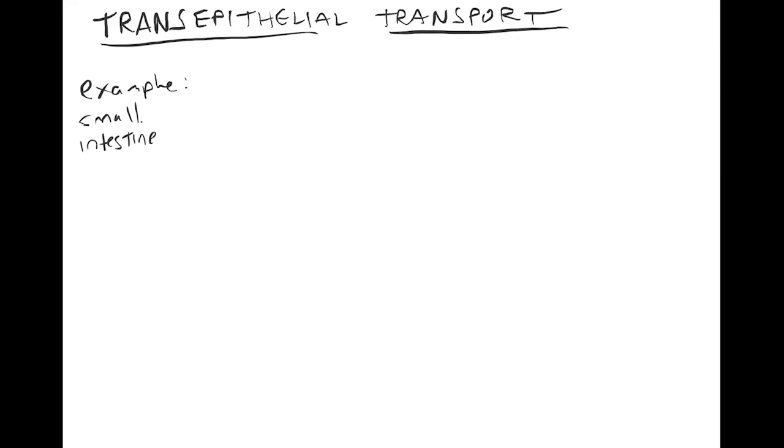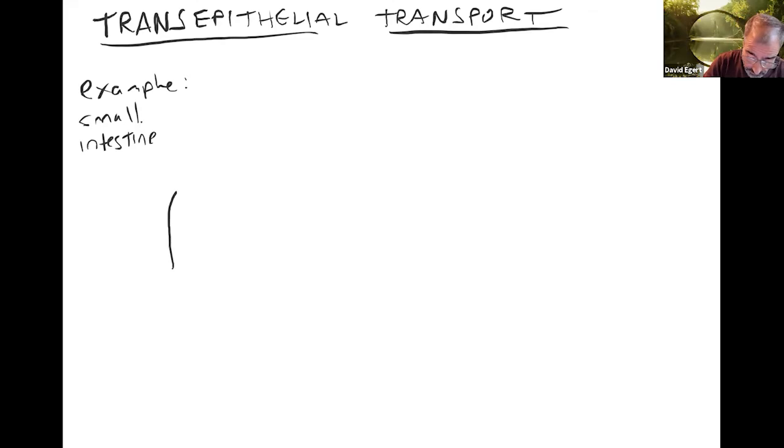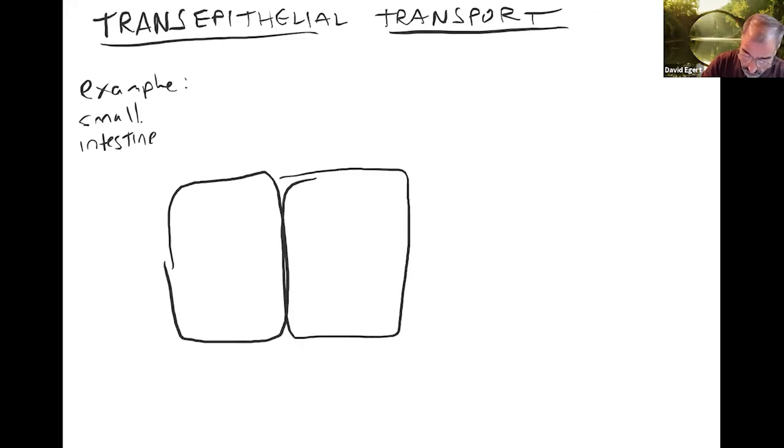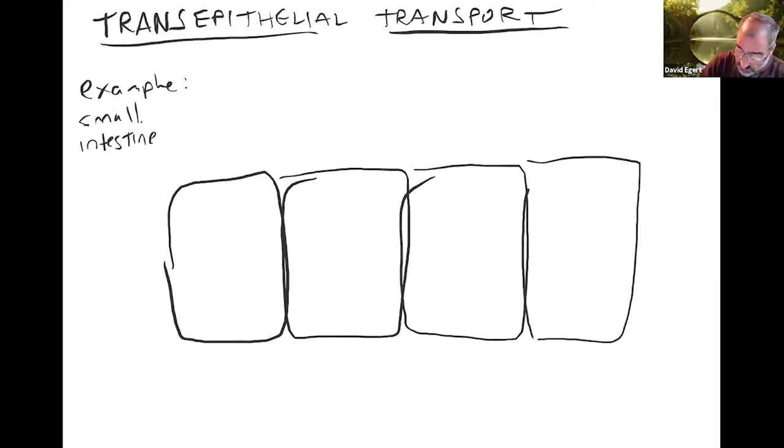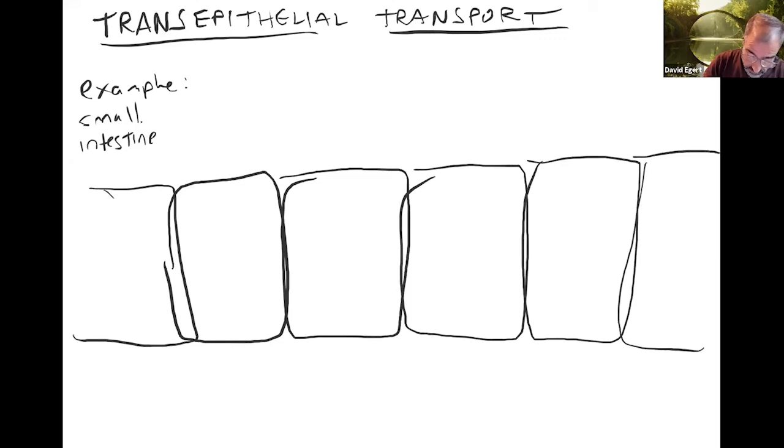Oh, columnar? Yes, simple columnar. So we have simple columnar epithelium. We have these columnar-looking cells. This is just supposed to be the simple columnar epithelium of my intestinal lining.